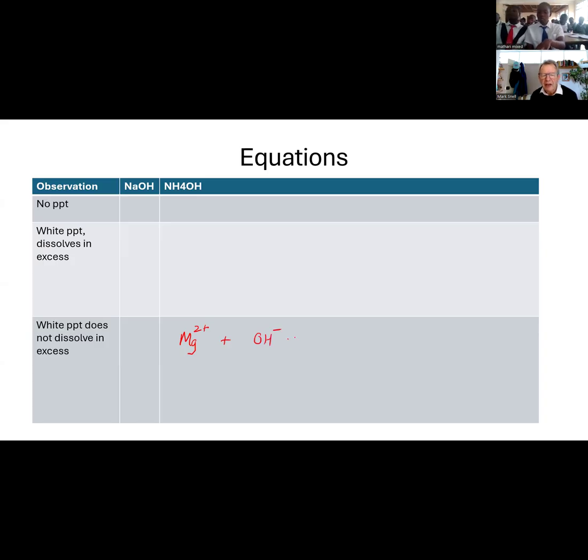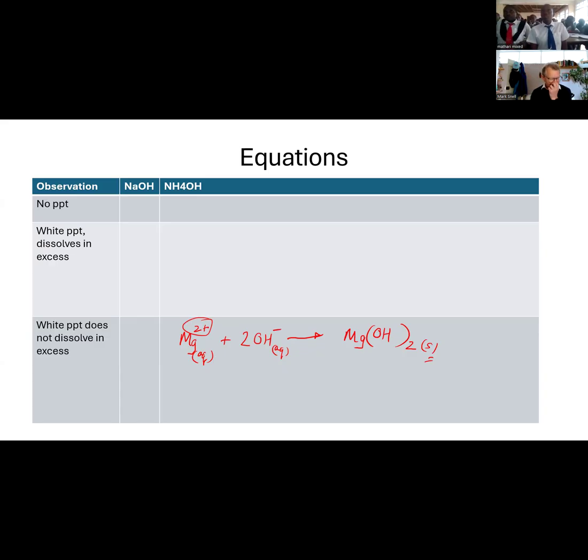Whatever the precipitate is, it will have the same number of OHs as the charge on the metal. So we will have 2 here, and that means I needed 2 here. This was aq, this was aq, and this is solid, showing that it is insoluble.